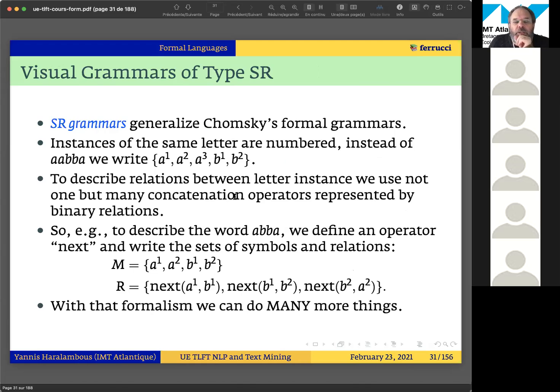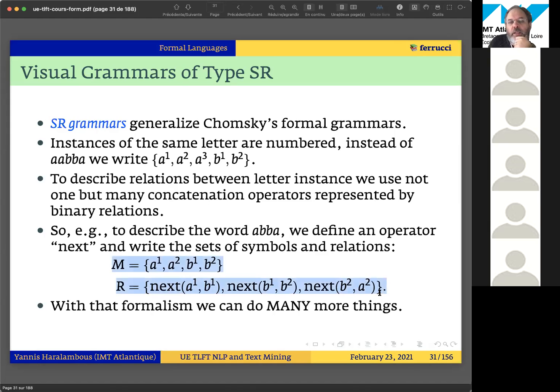It's a generalization of Chomsky grammars, and we introduce more than one concatenators. So concatenation operators. In the case of Chomsky grammars, we have only one concatenation operator. I can call it next.